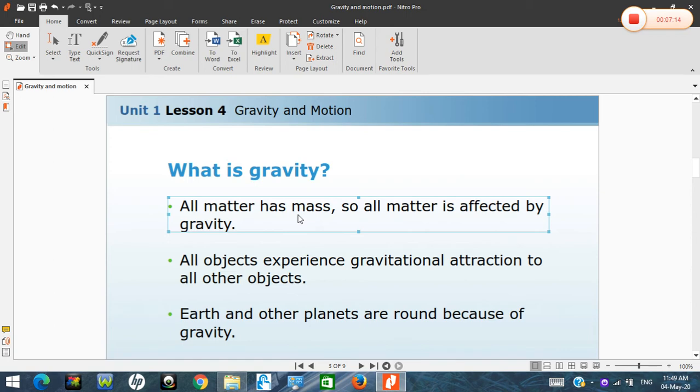Our solar system includes the Sun and the planets, 8 planets, and we say that the Sun controls the movement of the planets around it.